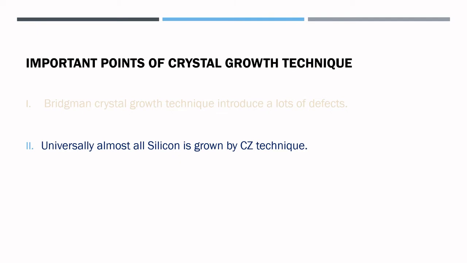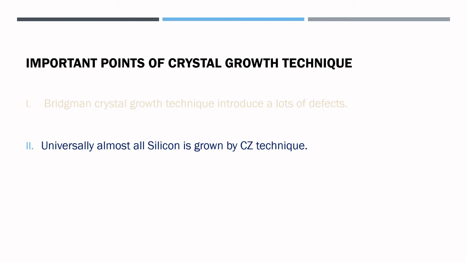The CZ technique is more complicated and needs more expensive equipment, but it gives much better quality crystal with much lower defect density, because the crystal as it grows is not constricted by the confinement of any boat, in contrast to the Bridgman technique.